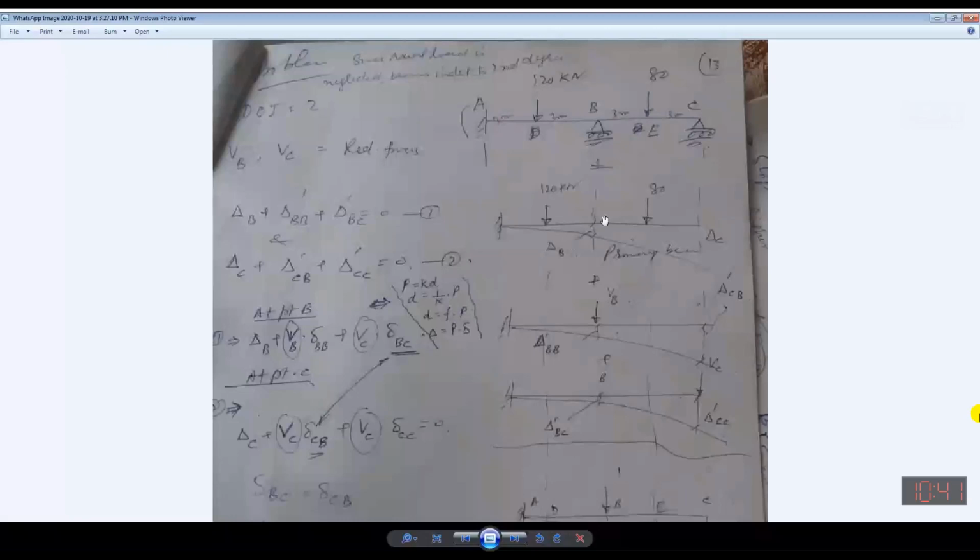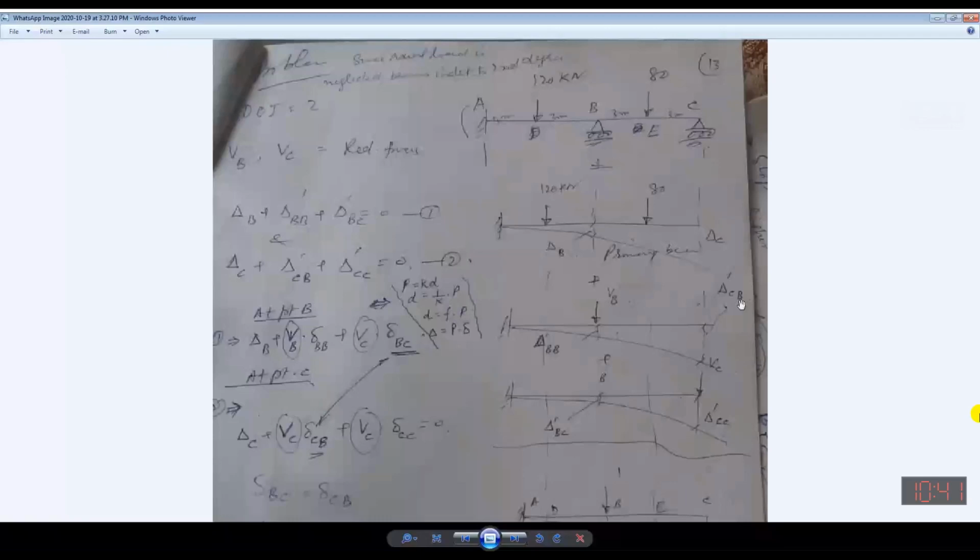And what about delta dash CB? CR, repeat this, beta. Delta dash CB, what does it mean? Sir, deflection at C due to the load at B. Shabash. Deflection at C due to redundant load at B. Shabash, that is correct. Define this one also: what will delta dash CC mean?